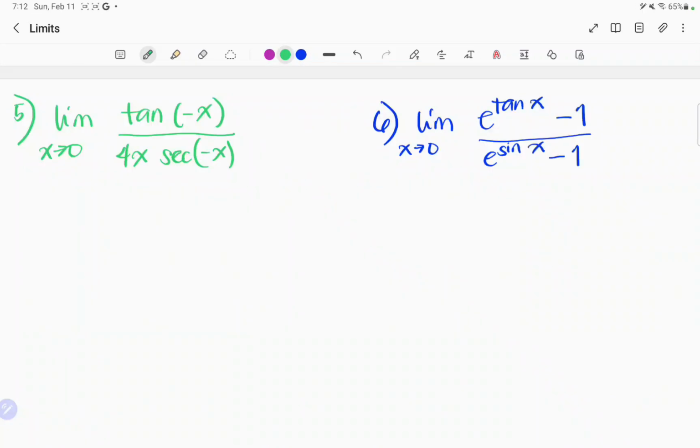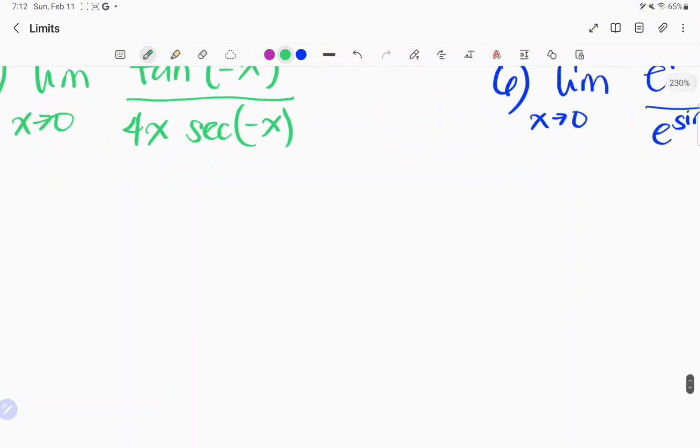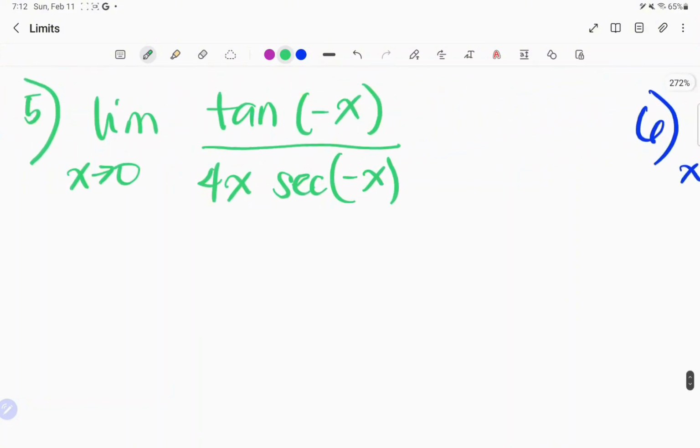Okay, for example number 5, we have the limit of tangent of negative x over 4x secant of negative x as x approaches 0. We cannot see any special function in this example, so we have to produce one, or even if possible, we can produce them all, and it will be easier for us to simplify the function and take its limit as x approaches 0.